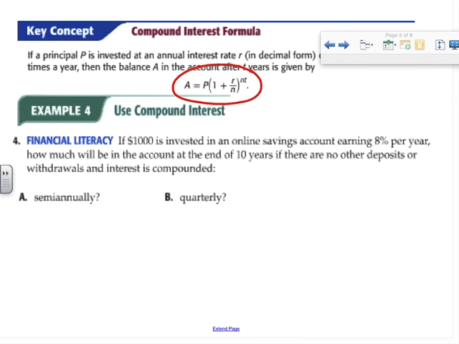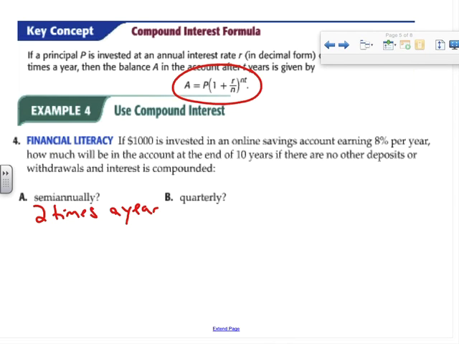Okay, so I have $1,000 invested in a savings account. It's earning 8% a year. I want to find out how much money I'm going to have after 10 years, assuming there are no other deposits or withdrawals. In part A, it's saying semi-annually, and what I'd hope you'd realize is that it's being compounded 2 times a year.